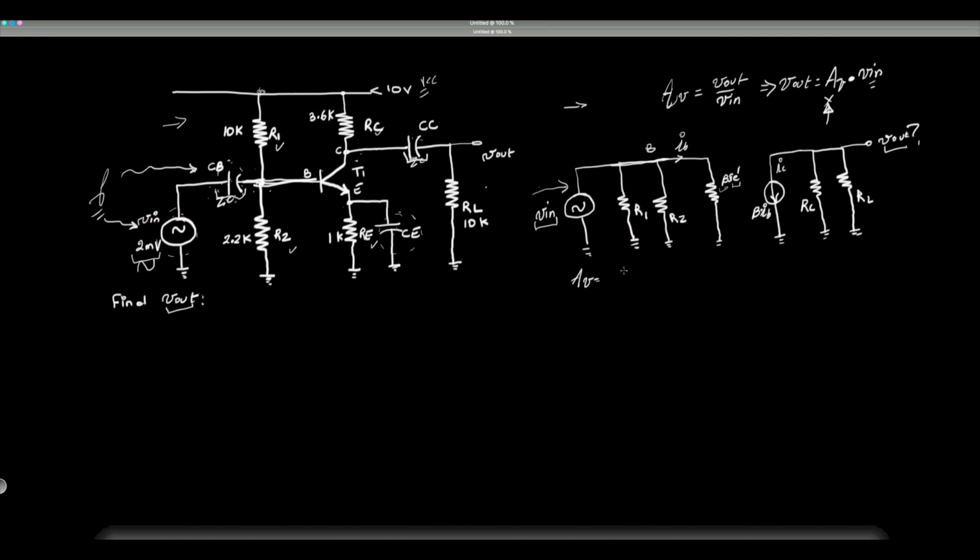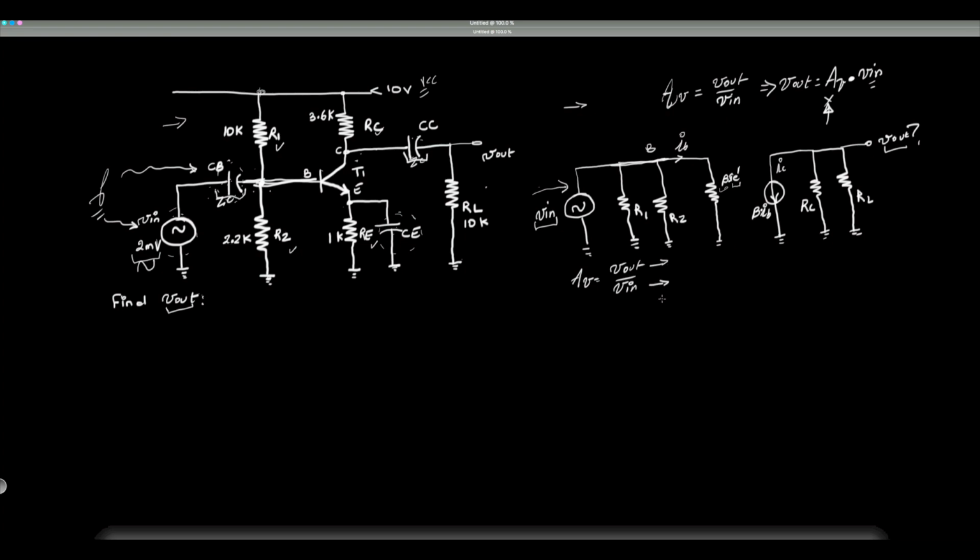So AV is V out over V in, okay? And then we're going to write the equation for V out and the equation for V in and see if we can get this ratio again re-expressed based on the components that are on the circuit. That will be the trick behind this.